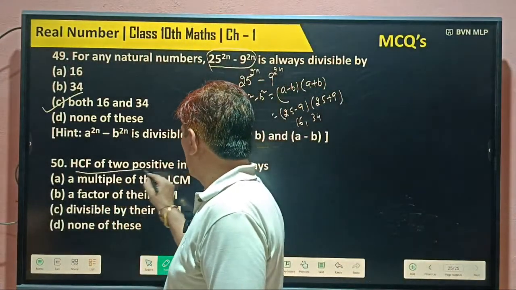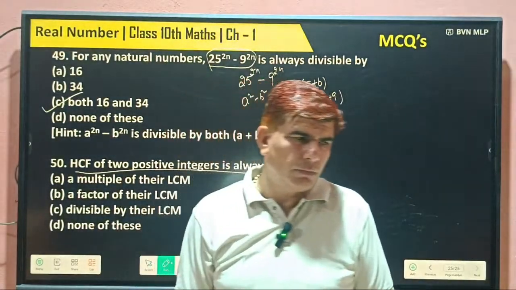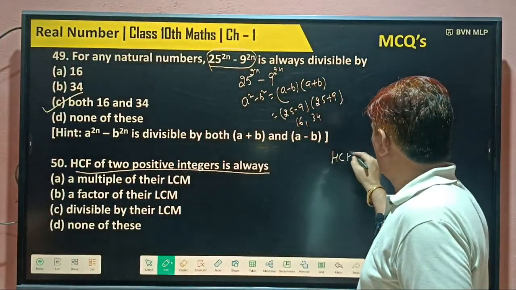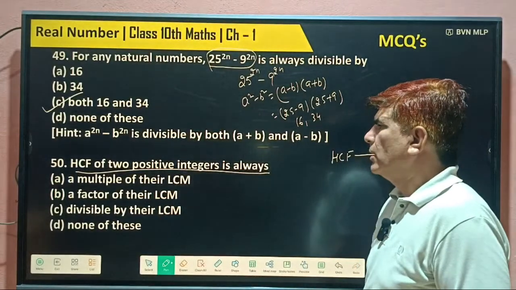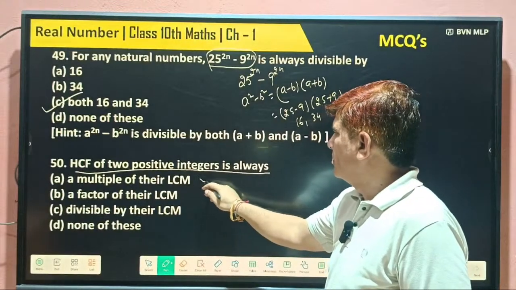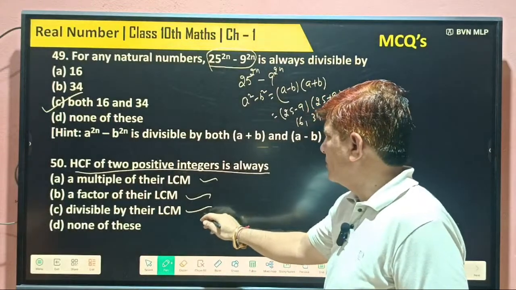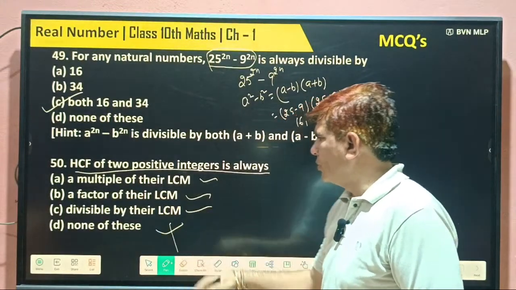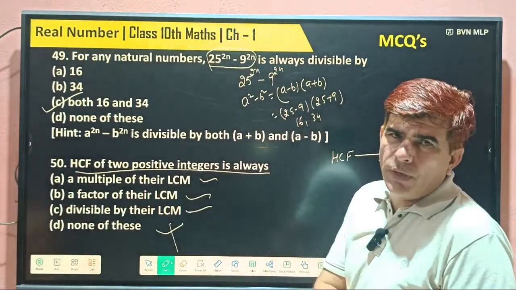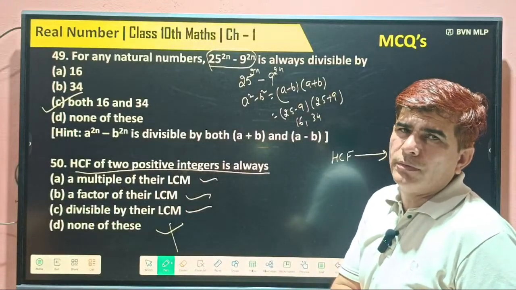The HCF of two positive integers is always a multiple of their LCM, a factor of their LCM, divisible by their LCM, or none of these. So this is not possible. And LCM is always greater than or equal to HCF.